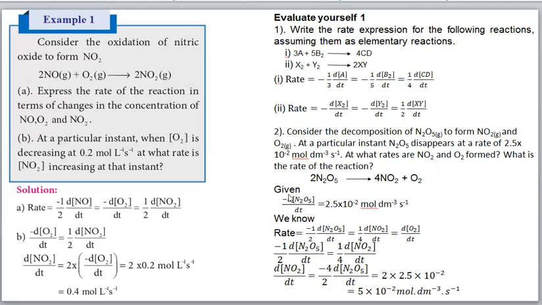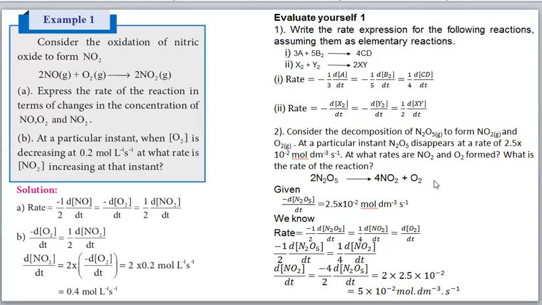Okay, so the equation is given: 2 N2O5 gives 4 NO2 plus O2. Rate of disappearance of N2O5 is given, 2.5 into 10 to the power minus 2 mole per decimeter cube per second.